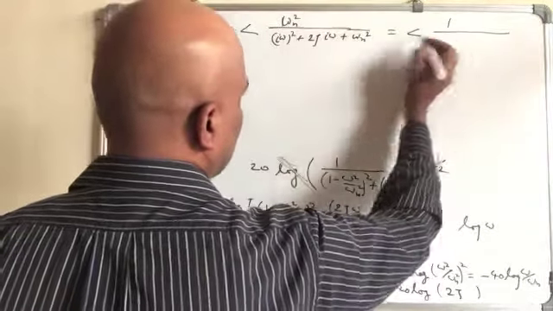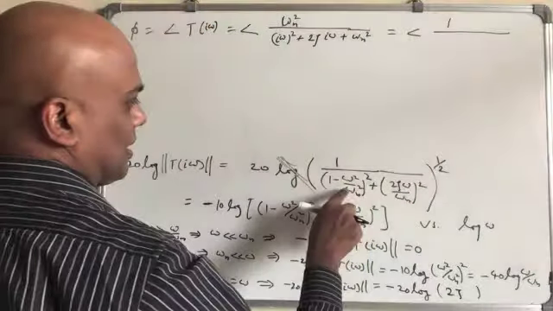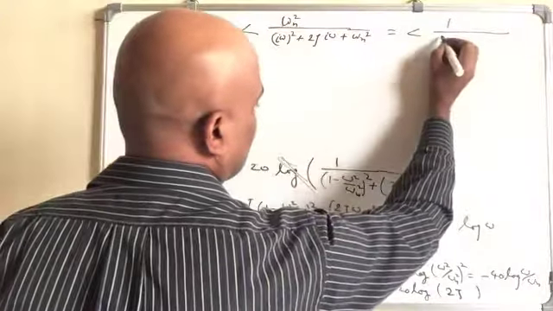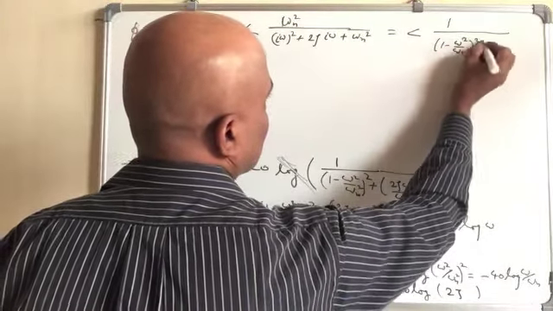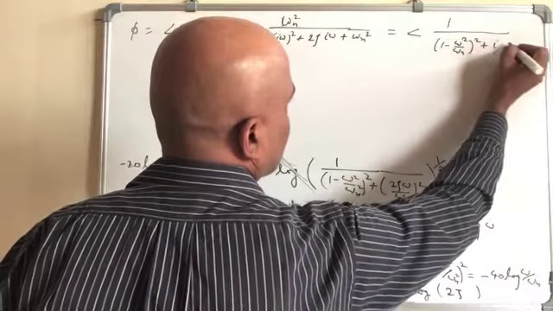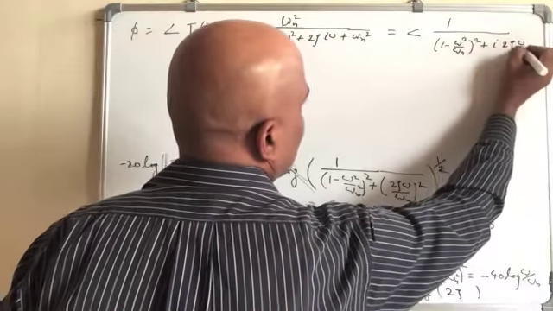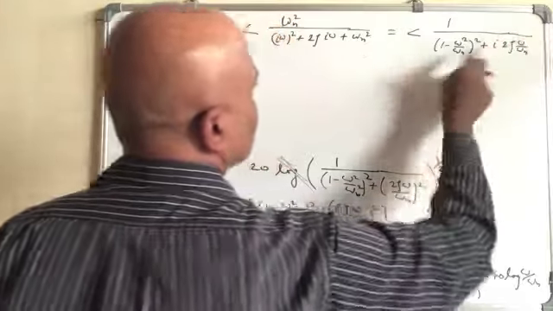This we get the same as earlier: 1 minus omega square over omega n square plus i 2 zeta omega over omega n. So that's what we had got.